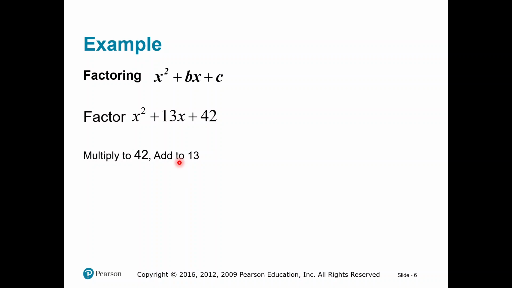We have 6 and 7 because 6 times 7 is 42 and 6 plus 7 is 13. So therefore, the x squared plus 13x plus 42 is the product of x plus 6 times x plus 7. They are both positive.